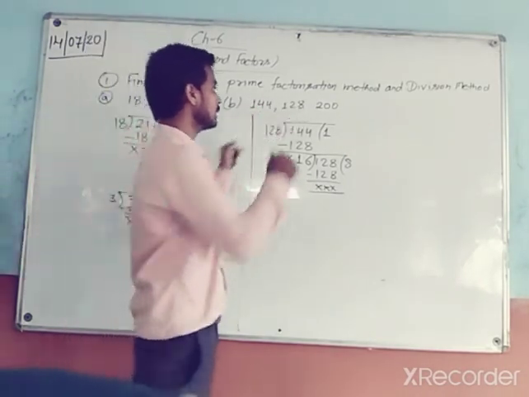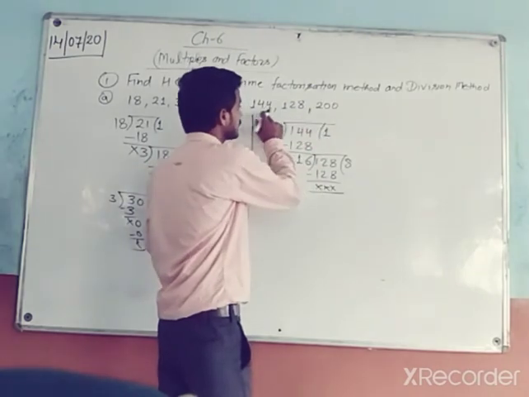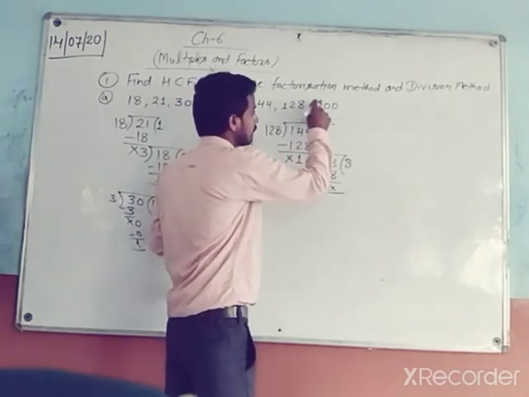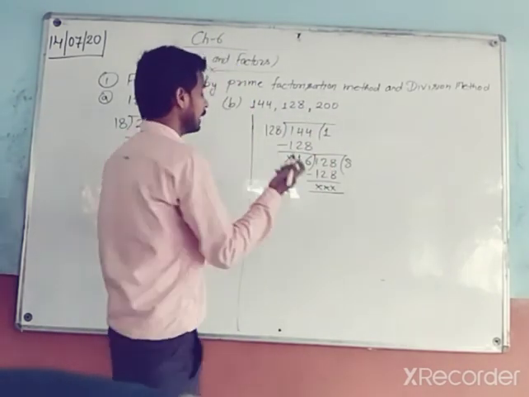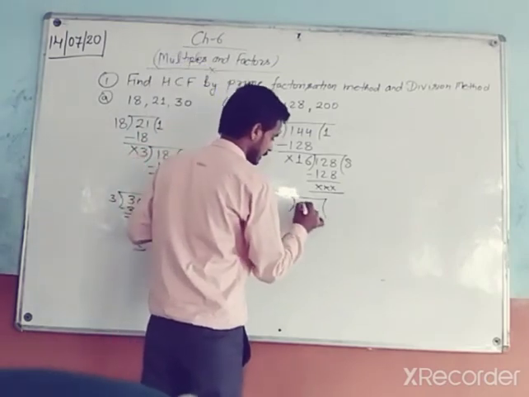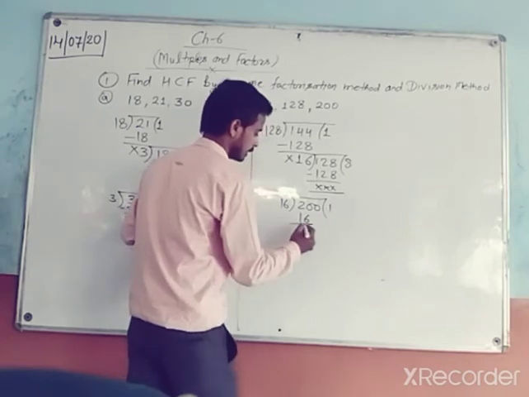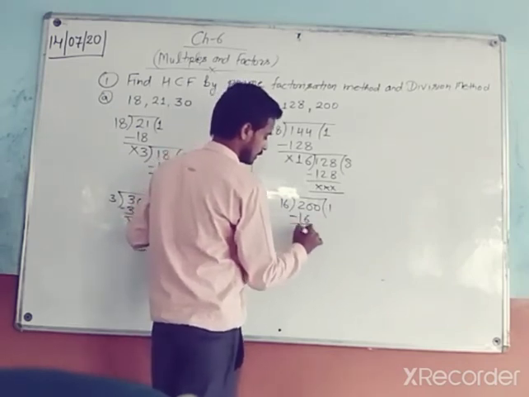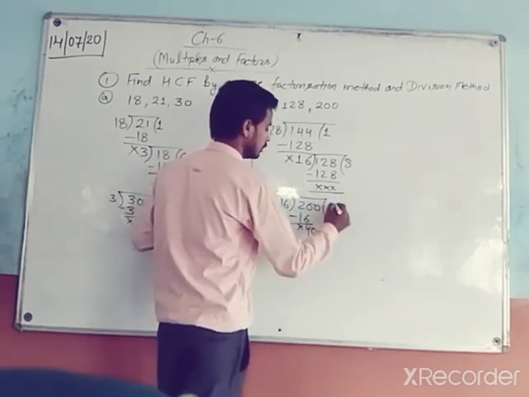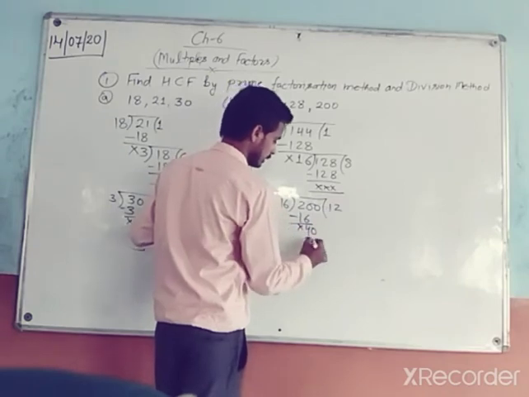But the question is find the SCF of these three numbers. It means 200 is included also. So divide 200 by 16. 16 ones are 16. Now 4 0. 16 2s are 32.